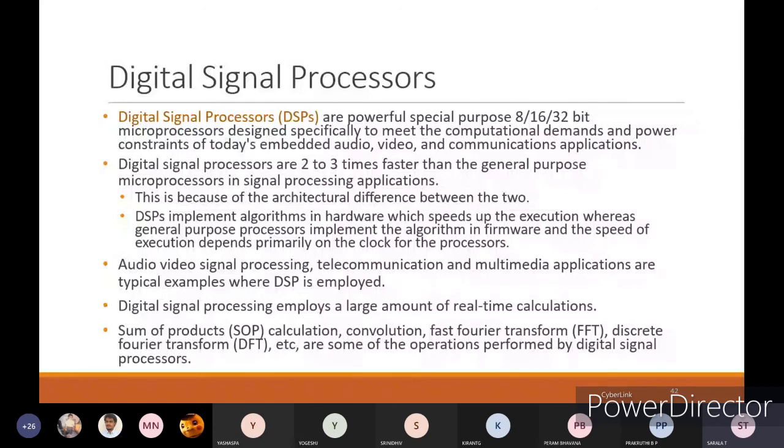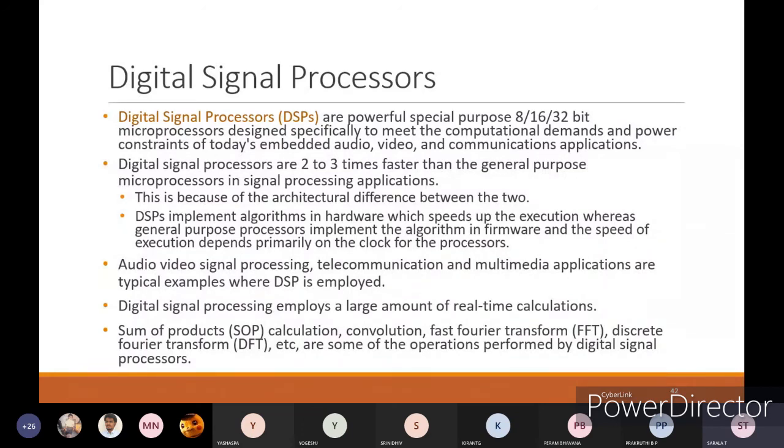Digital signal processing employs a large amount of real-time calculations, like FFT, DFT, sum of products, convolution, fast Fourier transform, discrete Fourier transform, etc. Those calculations you have already seen in fourth or fifth semester, in signals and systems or DSP.